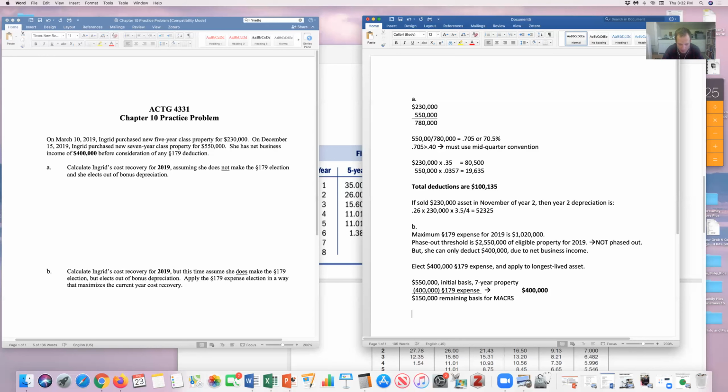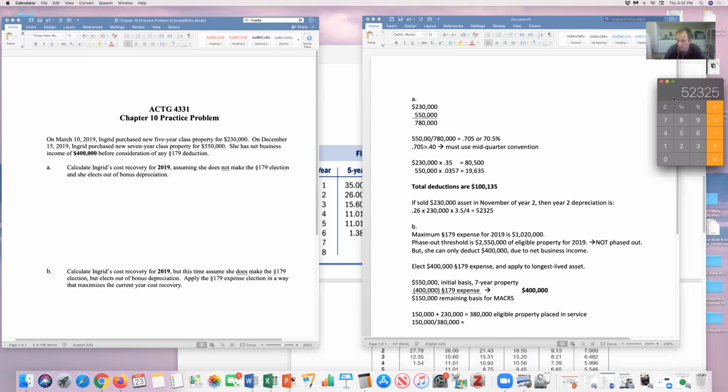So now our calculation is 150,000 plus 230,000 from the other asset, which counts as if we had only 380,000 of eligible property placed in service. And so now my fourth quarter property is just that remaining 150,000, which should be just under 40%.